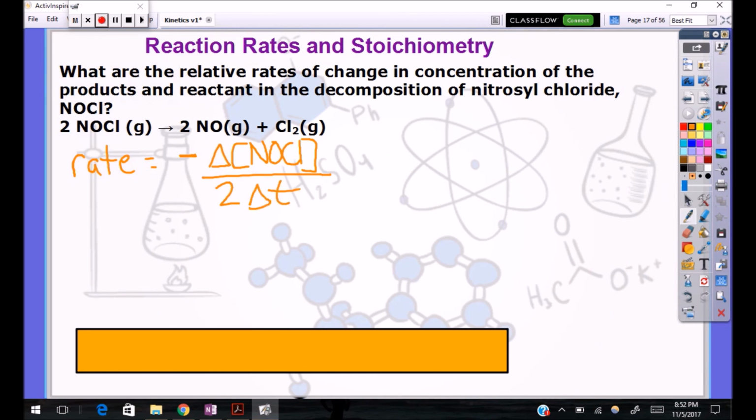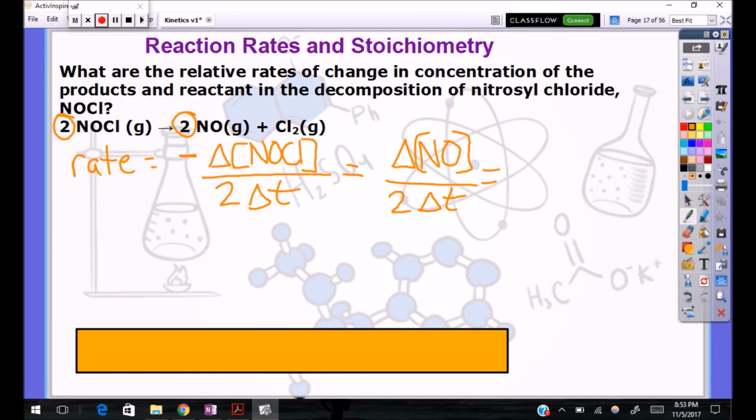All right. Now that is equal to my products that are forming. So I know that my products are going to be positive. So it's the change in concentration of NO. And it is the same proportionality as the previous one because we have a coefficient of 2.